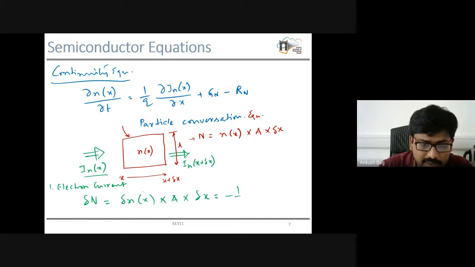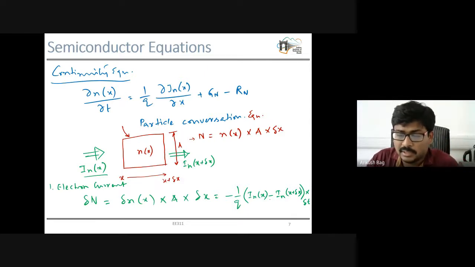Now we need to write this del N_x in terms of current. In terms of current, this is the electronic charge q, I_n at x is entering, and I_n at x plus del x is going out, multiplied by delta t. Is this equation understood?